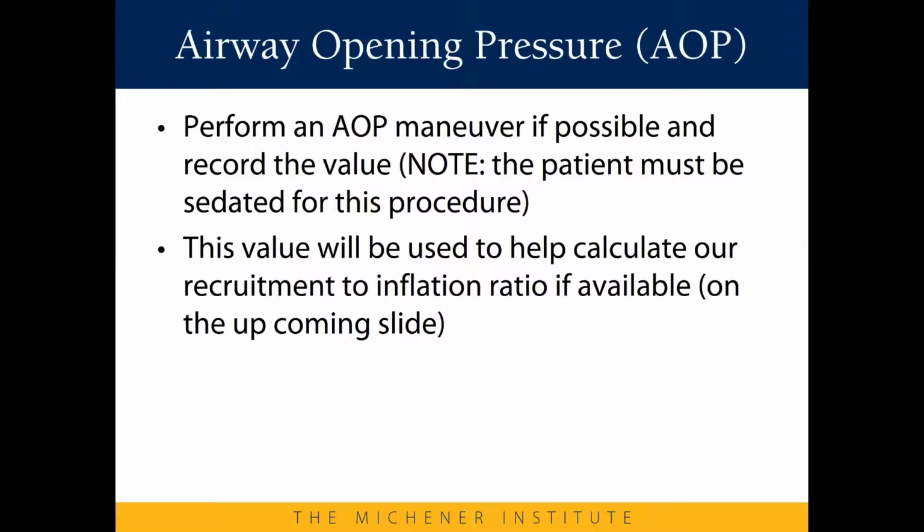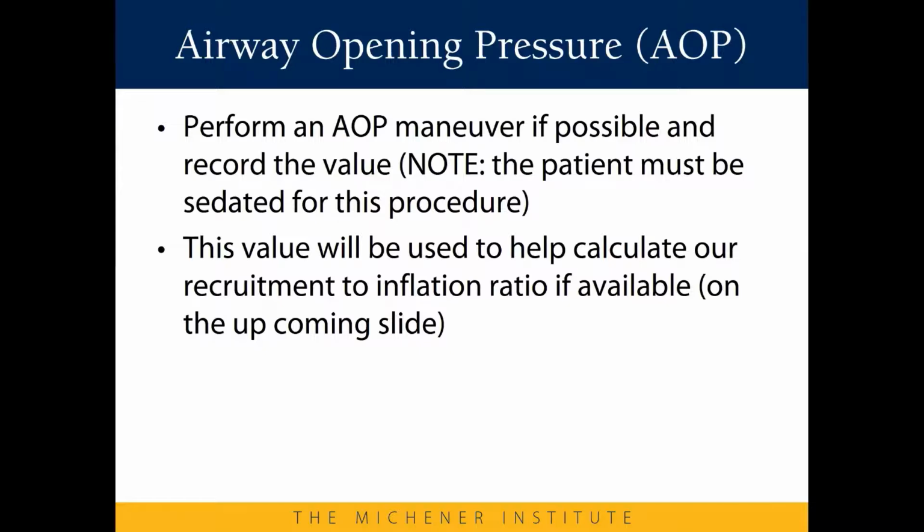And so for our airway opening pressure, we want to record the value of where the alveoli is opening up to prevent that shear pressure from happening, of it collapsing on exhalation and reinflating on inspiration. So if we know what our airway opening pressure is, so the amount of pressure to pop open that alveoli, we know that if we set our PEEP at that level or higher, that we will not get atelectasis occurring.